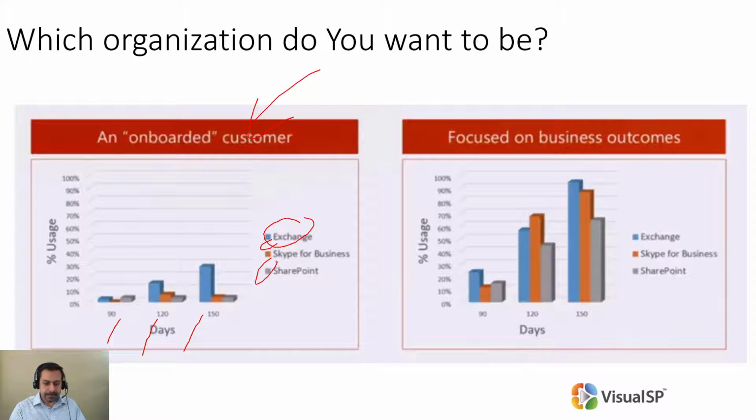But the way it's happening, it's very linear in nature. It's very almost kind of pushed in nature. Of course, Exchange is going to go much higher because it's email, everybody's using email, and everything else is kind of creeping up and down. Well, on the right side over here, the business outcomes, that's shooting up quite a bit. And that's specifically because it's focused on what they care about, what problems it's solving for them.